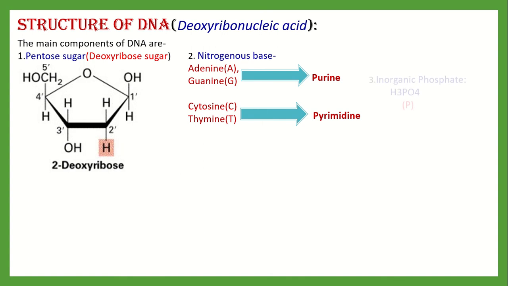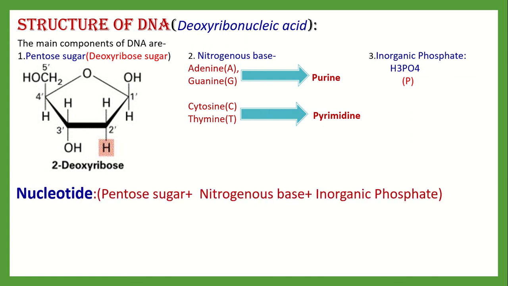Okay everybody, and another component is inorganic phosphate. Inorganic phosphate is also called H3PO4, that means phosphoric acid. Phosphoric acid is attached to the sugar molecule in place of the hydroxyl group of the 5th number carbon.